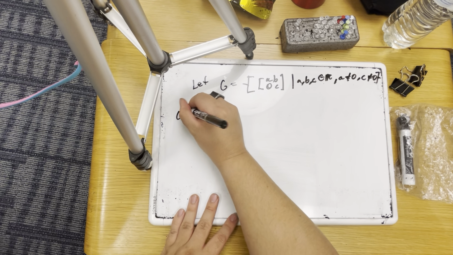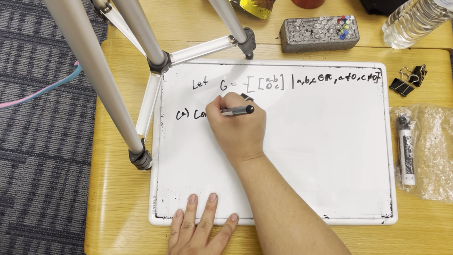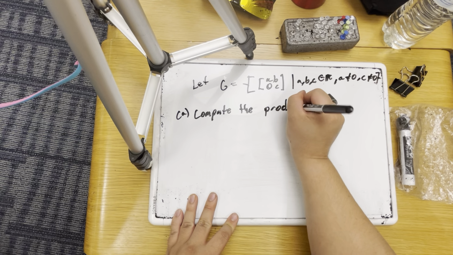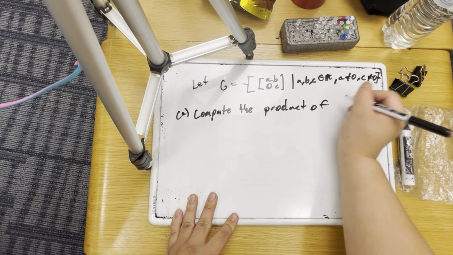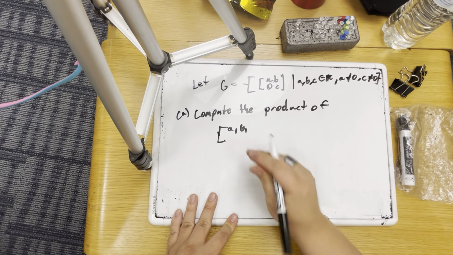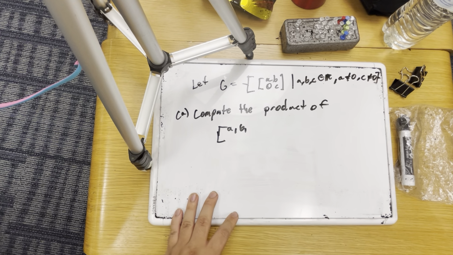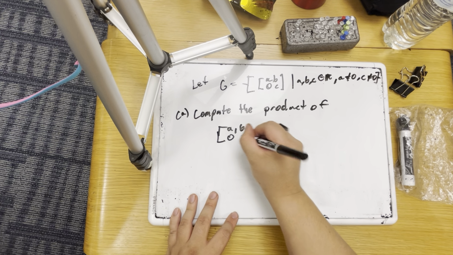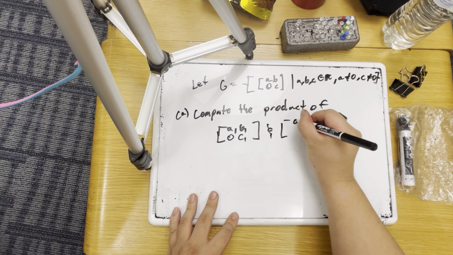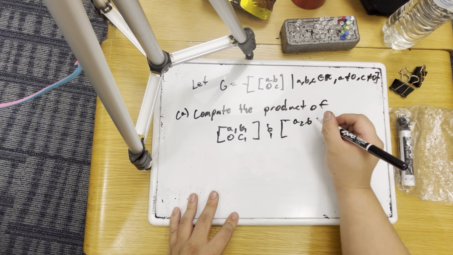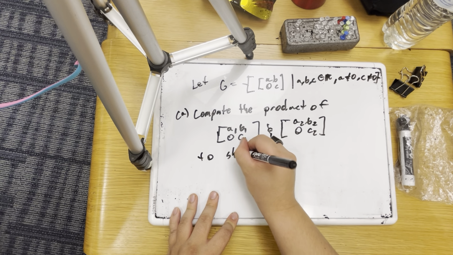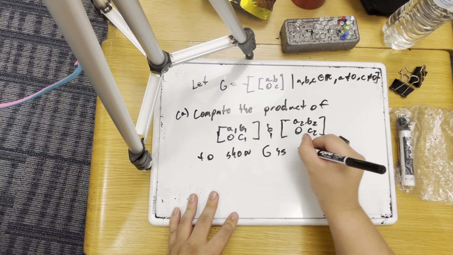So first off, we're told to compute the product of the matrix A sub 1, B sub 1, 0, C sub 1 and the matrix A sub 2, B sub 2, 0, C sub 2, to show G is closed under multiplication.